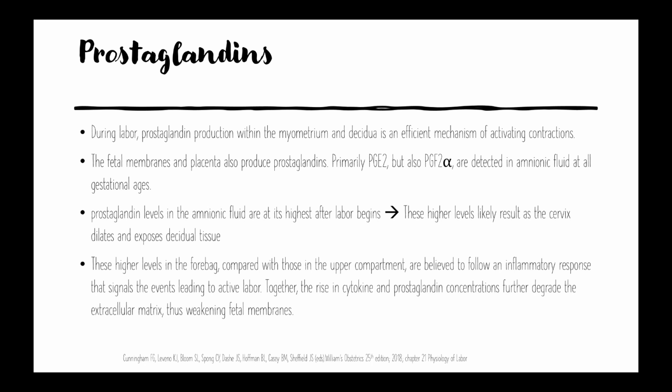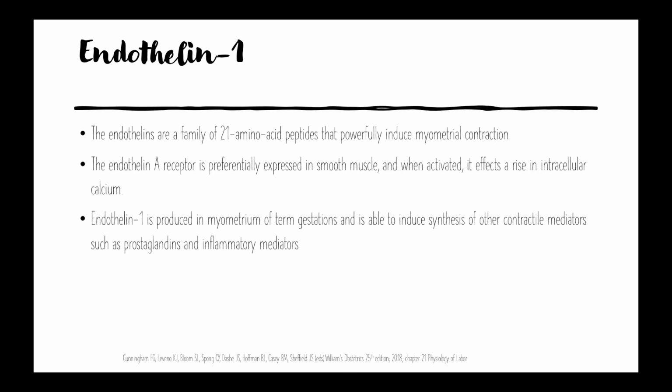These higher levels in the forebag compared with those in the upper compartment are believed to follow an inflammatory response that signals the events leading to active labor. Together, the rise in cytokine and prostaglandin concentrations further degrade the extracellular matrix, thus weakening fetal membranes.